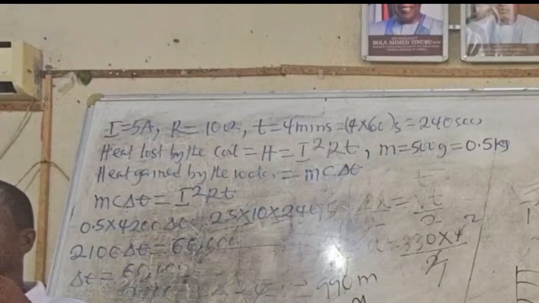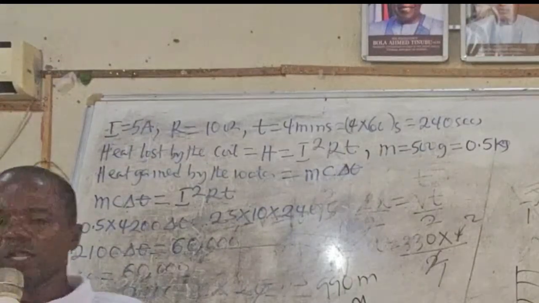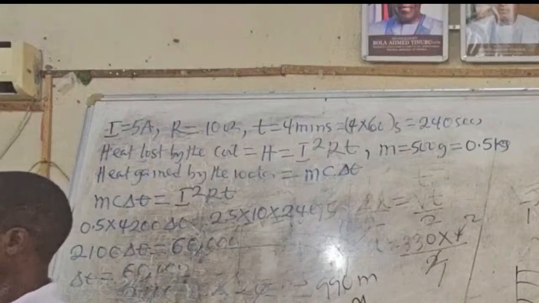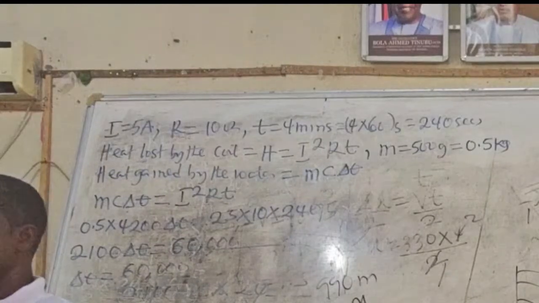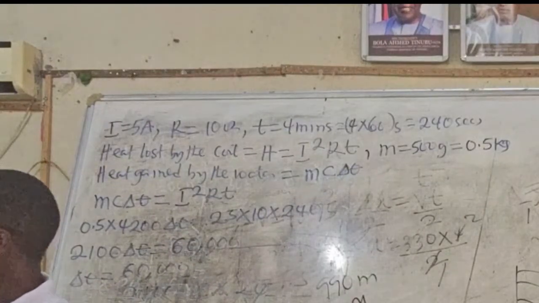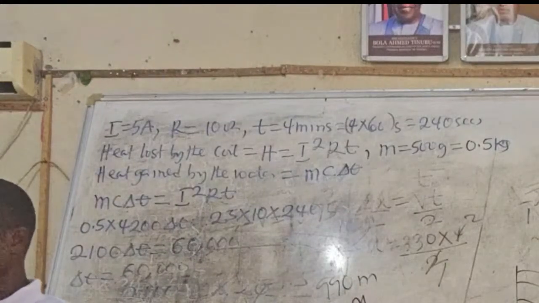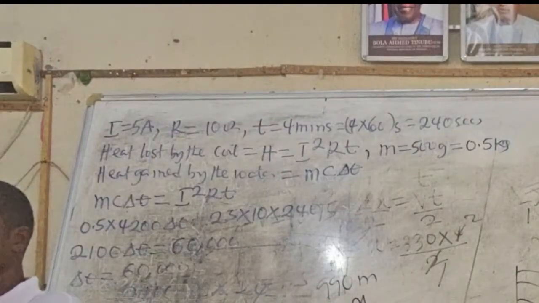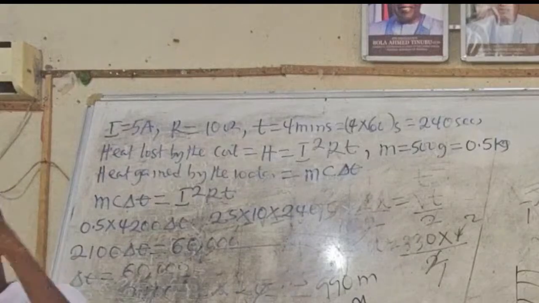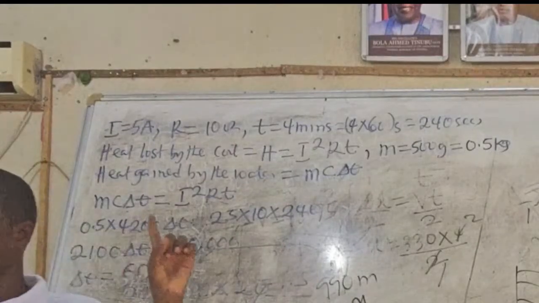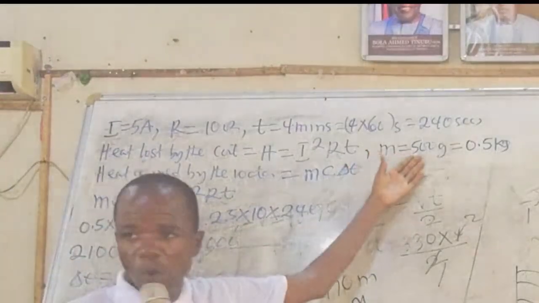So you can see how easily these questions could be solved. All you need to do is be able to remember those little things. If the units are different, as you can see, the unit of mass of water being in grams, and the unit of the specific capacity of water being in kilograms, you can't make use of the mass in grams. It has to be converted to kilograms, which we have done by dividing by 1,000.